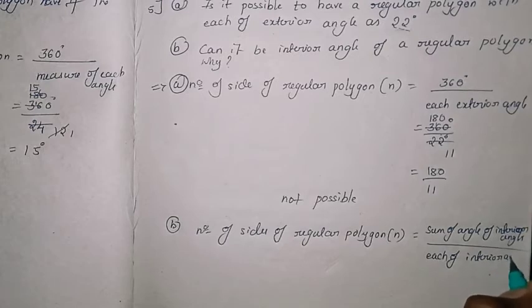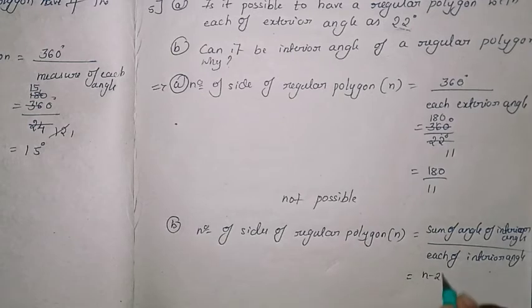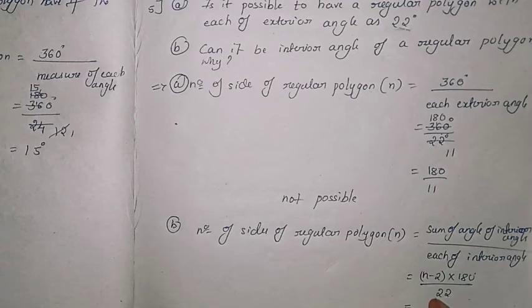The sum of the interior angles of a polygon has the formula (n minus 2) into 180 degrees, and each of the interior angles is considered as 22 degrees. The number of sides of the regular polygon we have to find, which you consider as n.